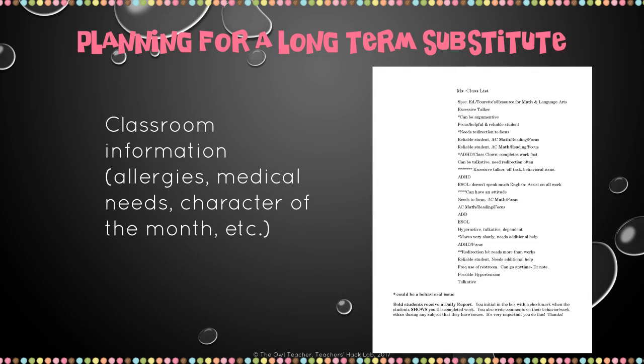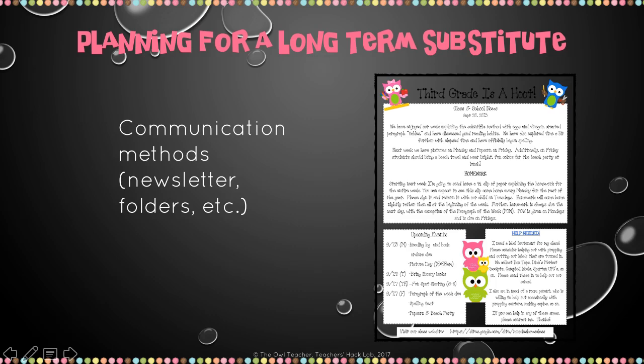You can see over on the right, I do have things like accelerated math, reading, focus, can be talkative, needs redirection, an ESOL student, can have an attitude, needs redirection, possible hypertension, can go to the bathroom anytime, doctor's note, so on and so forth.